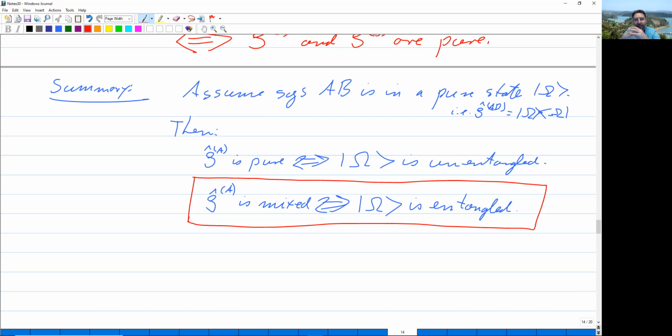Not so quantum mechanically, because what we see here is that even if the big system is in a pure state, its subsystems can be mixed. They are mixed if and only if the big system is in an entangled state. But if the subsystem is in a mixed state, it means we don't quite know what state it is in.